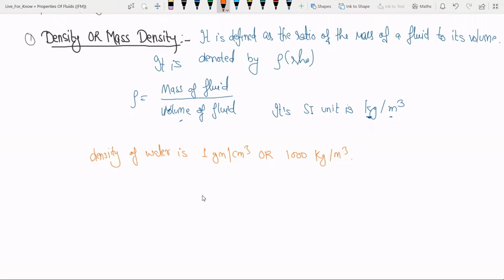And the density of air at 20 degrees Celsius is 1.24 kilogram per meter cube.